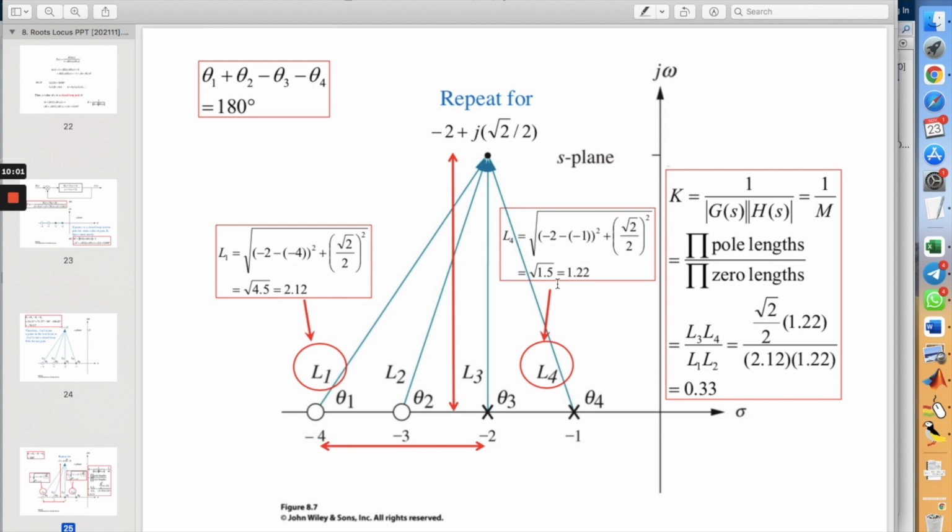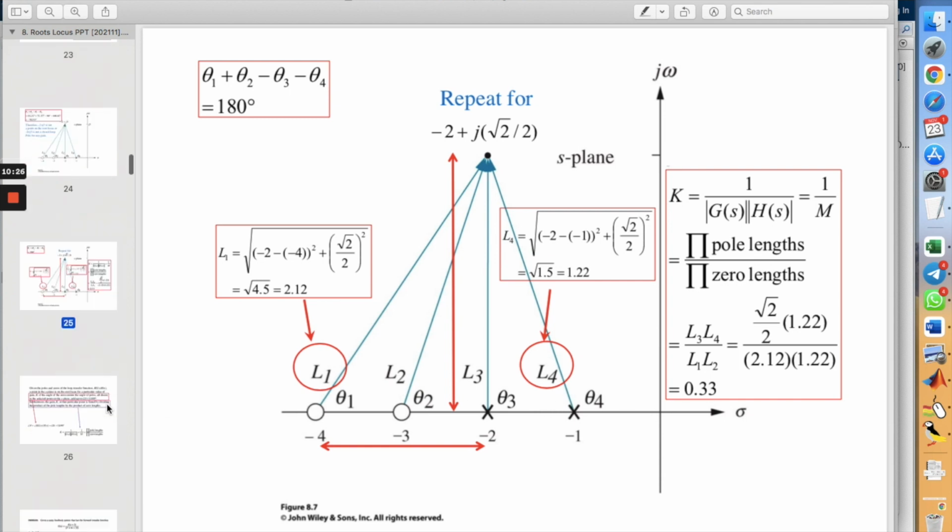What we have is the magnitude of this complex number, which is 1.22. We can do the same for L3, L2, L1. What we get is the product of poles divided by the product of zeros, which equals 0.33.